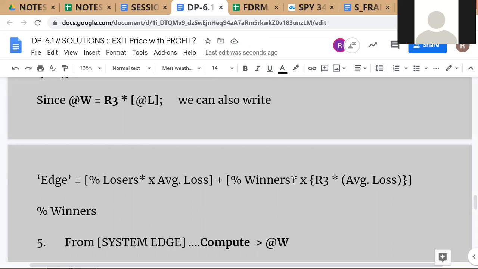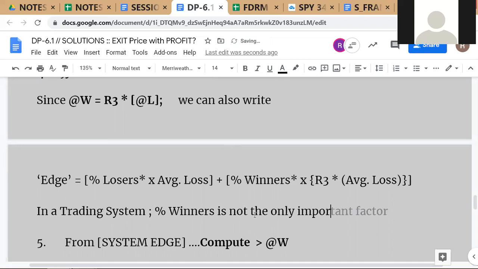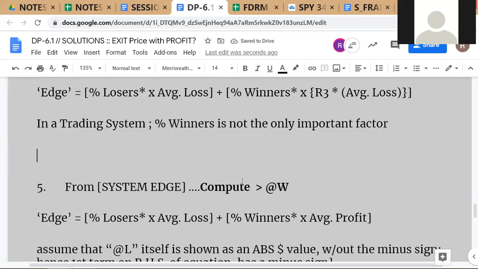Percentage winners in a trading system is not the only important factor.